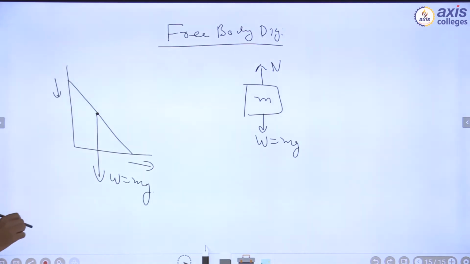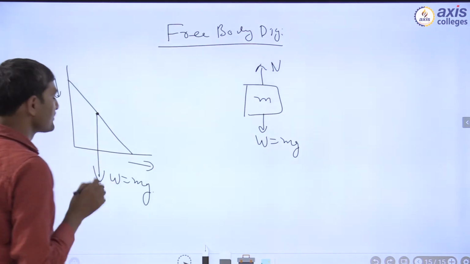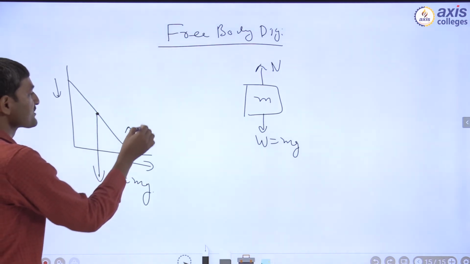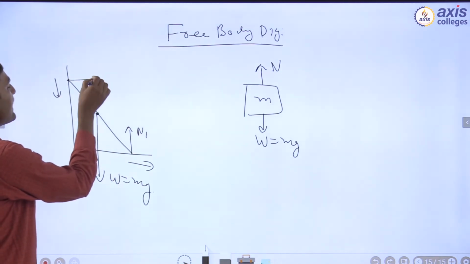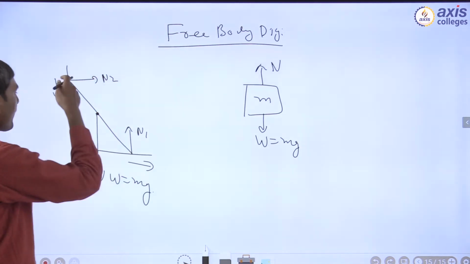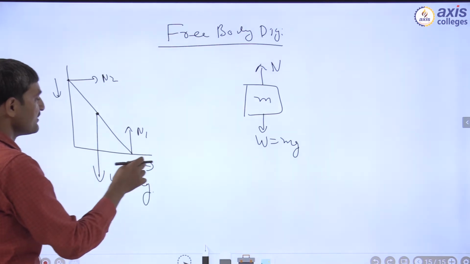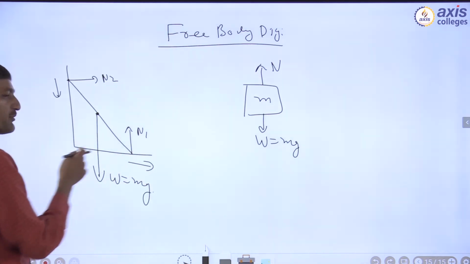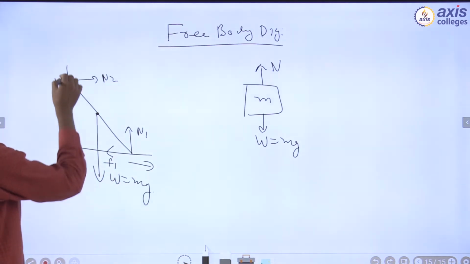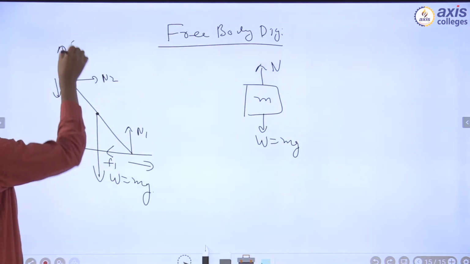So in this situation, what are the possible forces? Let us say this is a normal reaction N1, this is another normal reaction N2. If the block is moving in this direction, then friction will work in the opposite direction. So let us say this is friction 1, and if it is moving in this direction, friction will work in this direction.